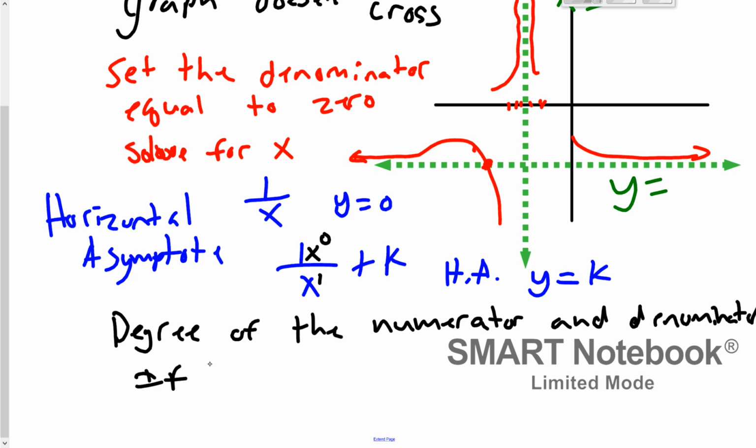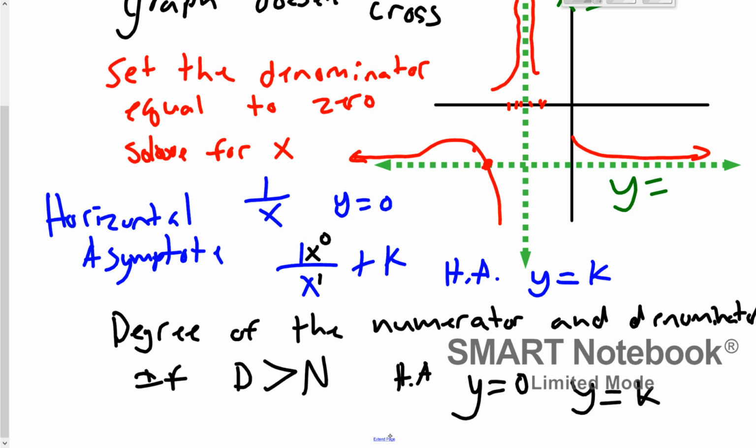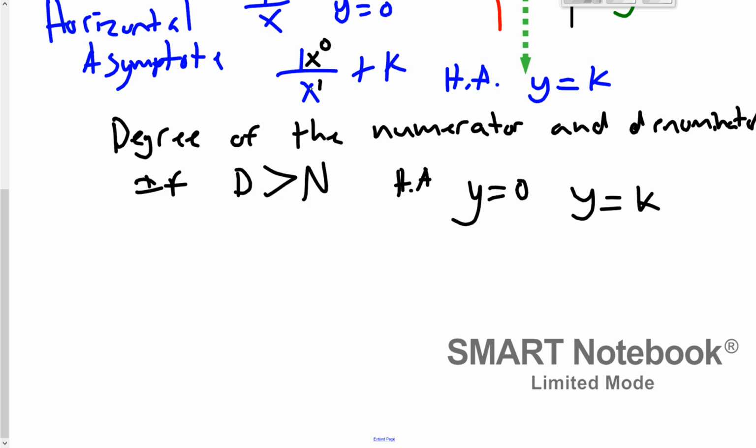If the degree of the denominator is bigger than the degree of the numerator, then the horizontal asymptote will be y equals 0, unless we're adding something after our fraction. If we're adding something, then it's y equals k. But that's after we take the fraction, right? So after the fraction, if you're adding or subtracting something, then it's y equals k. Most of these will be y equals 0 if the degree of the denominator is bigger.